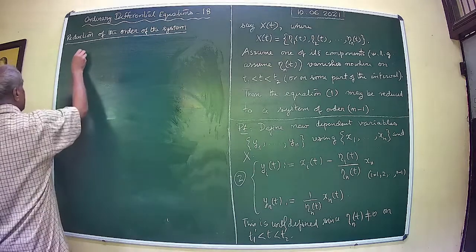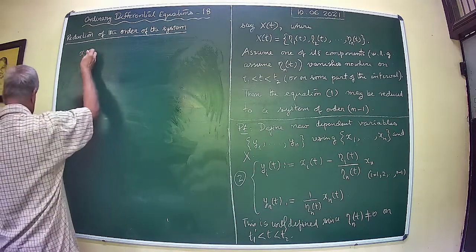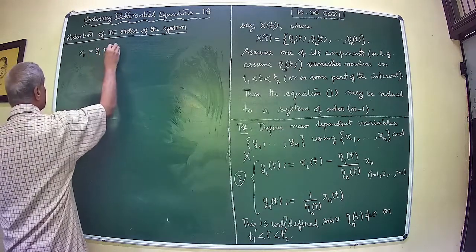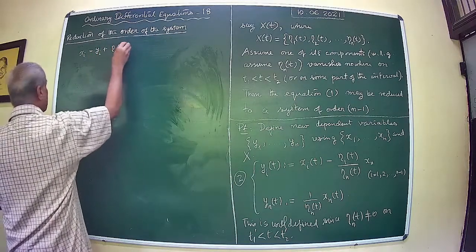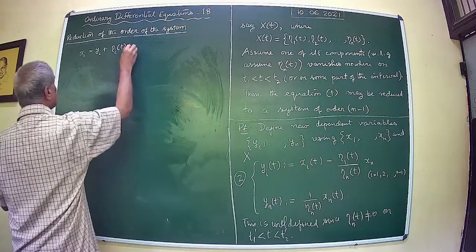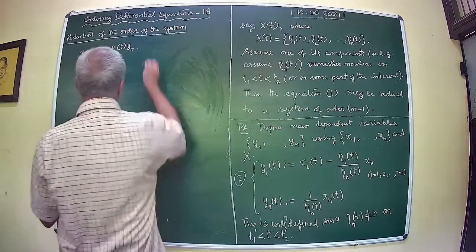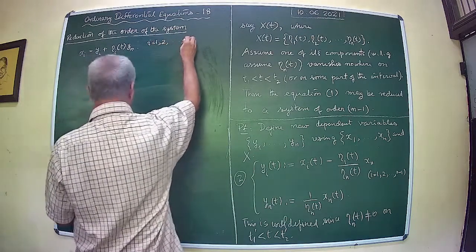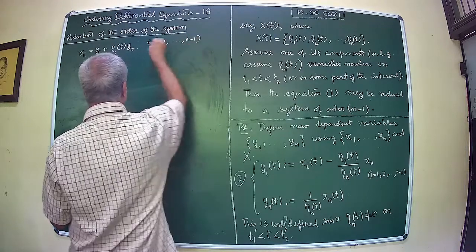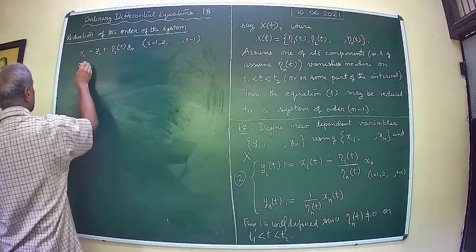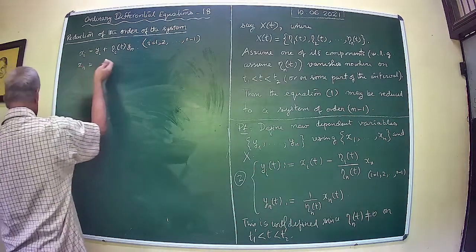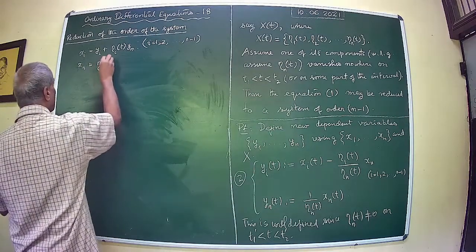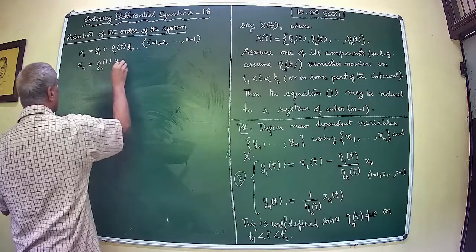Also, you can get back xi t in terms of y1 to y n minus 1 and xn equal to this.